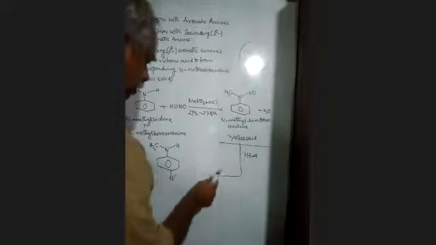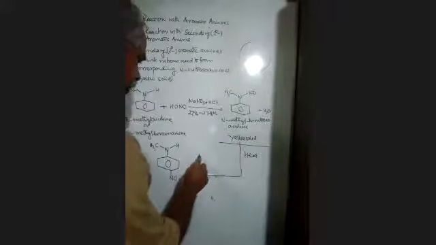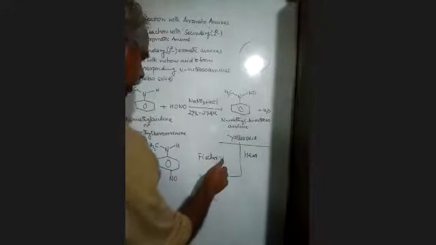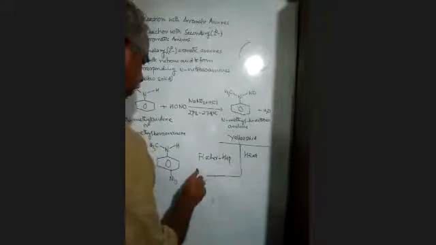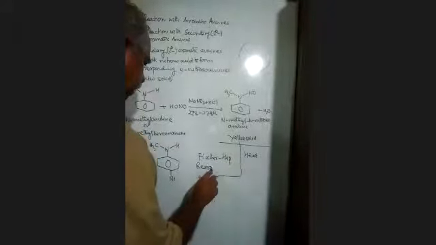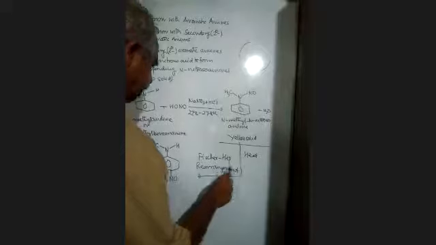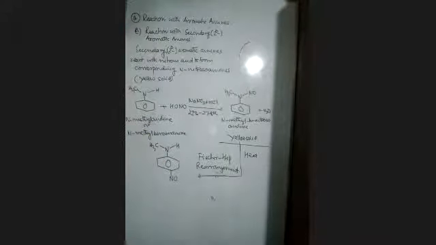So this is named as Fischer-Hepp rearrangement. So those who are not interested in entrance exams, and want to remain in Shillong, then don't write. And suppose you want to go outside Meghalaya, because outside Meghalaya also India is there, na? So in that case, you can write this one.